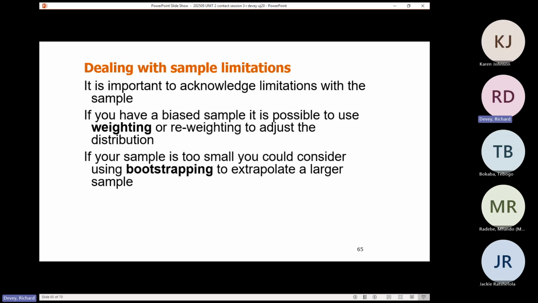I count how many questions people have answered in each section, and if they've answered fewer than half the questions, or haven't answered more than 75% of the questions, I will eliminate them from the analysis, because they haven't finished the questionnaire. And you can't analyze if there's no data for a variable.